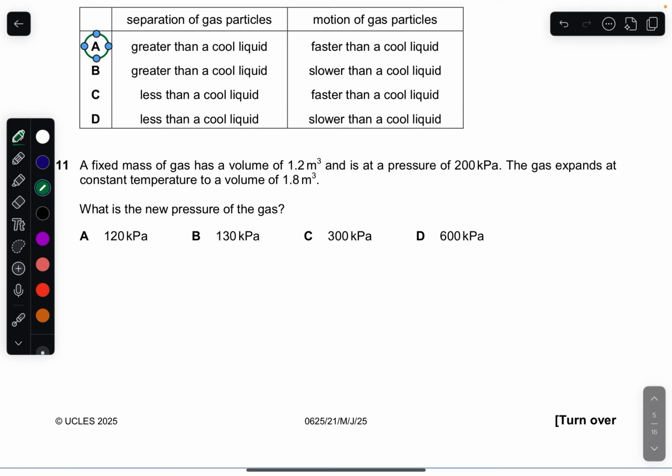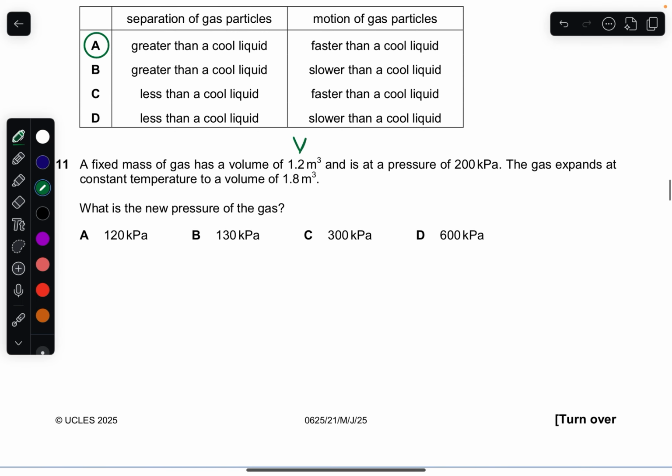A fixed mass of gas has this volume and this pressure. At volume 1.2, it has a pressure of 200 kilopascal. The gas expands at constant temperature to a new volume. You have to tell the new pressure. You can call it P2. So we have the relation P2 V2 equals P1 V1.